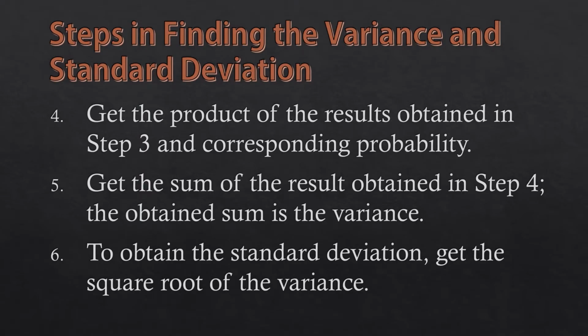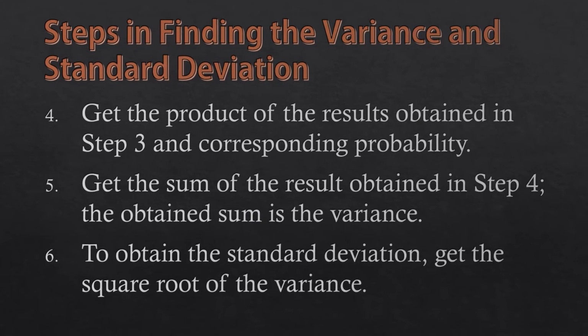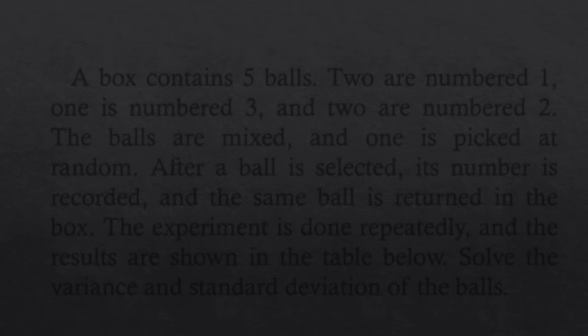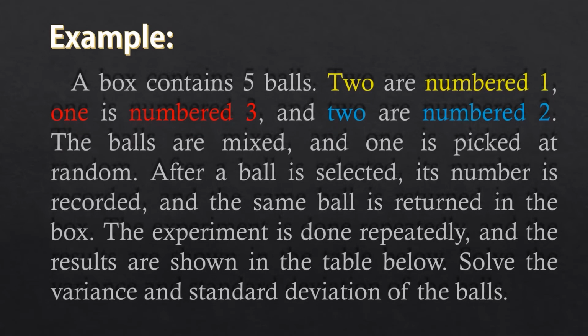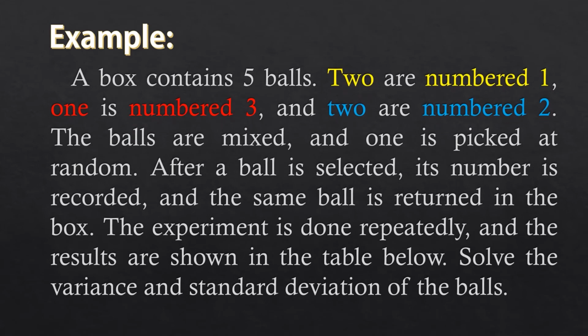Let's apply these steps with an example. So let's solve this problem. A box contains 5 balls. 2 are numbered 1, so the 2 balls have the number 1 written on them.